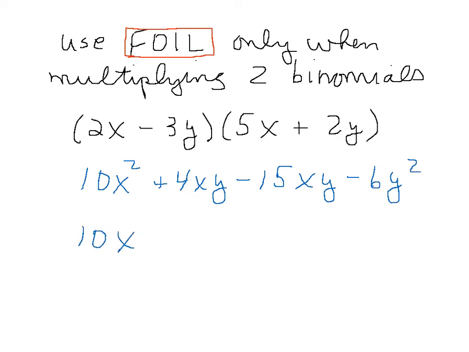And you should believe that this is exactly what we got before. It's just a little bit easier to organize that way. But please remember the importance of FOIL only when you're multiplying two binomials. Other than that, you need to use the rules of multiplication, generally the distributive property. And we'll look at an example about that next.